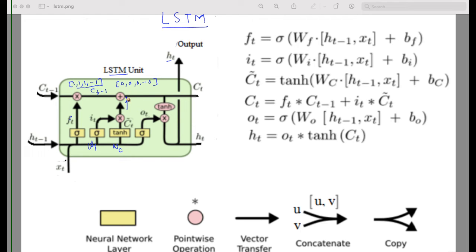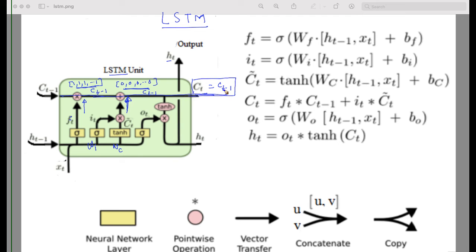Now if these are all zeros coming from here, we'll get this CT minus 1 transmitted as it is. That means CT is equivalent to CT minus 1. If the input from here is all ones and the input from here is all zeros, CT minus 1 gets transmitted as it is.